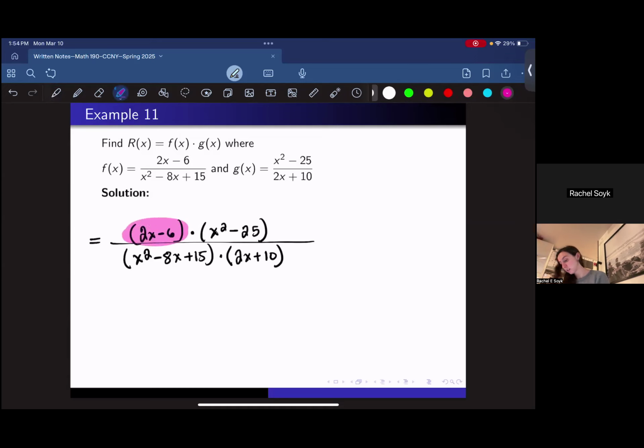So with 2x minus 6, we can pull out a 2, and then we're left with x minus 3. With our x squared minus 25, this is difference of squares. So we're really looking at x plus 5, x minus 5.